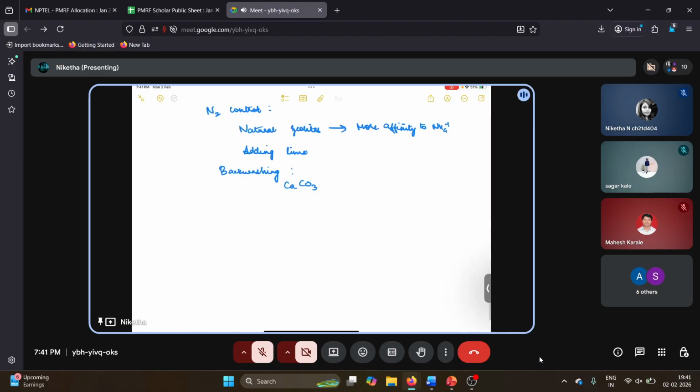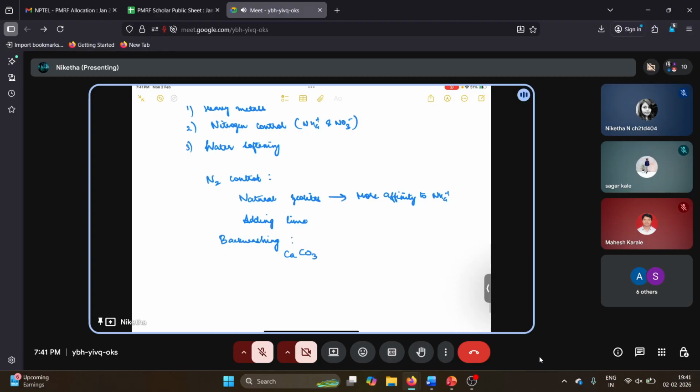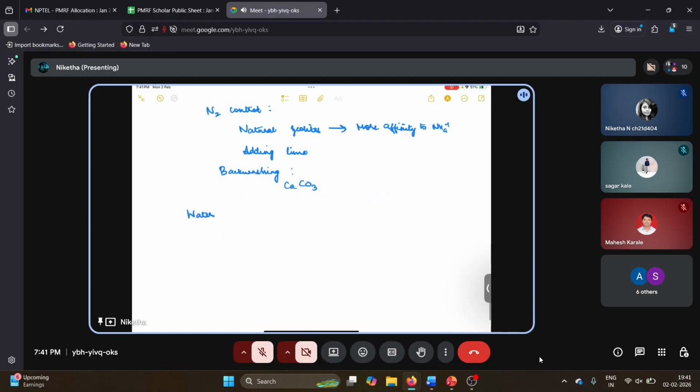And then it is also used for water demineralization. Demineralization means removing whatever ions are there in water. That is how we get mineral water, by demineralizing it.